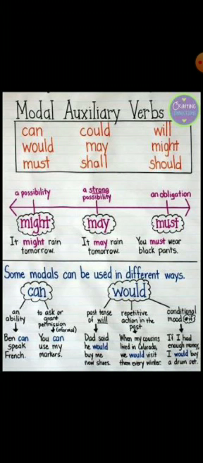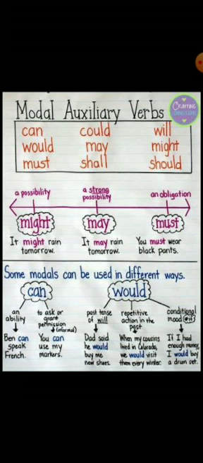Next, we are going to discuss another modal, and that is used to. It means habitual. It indicates a habit continuing from the past.